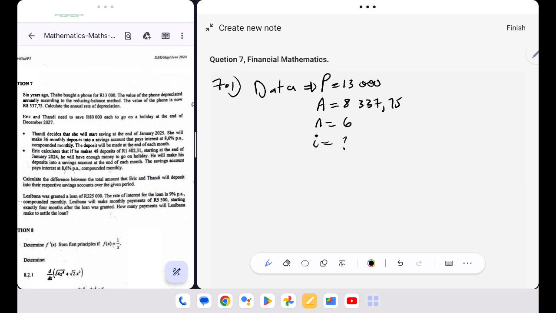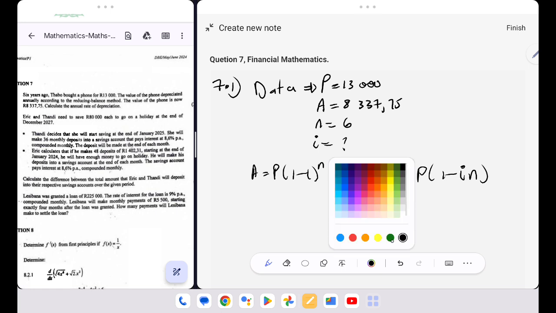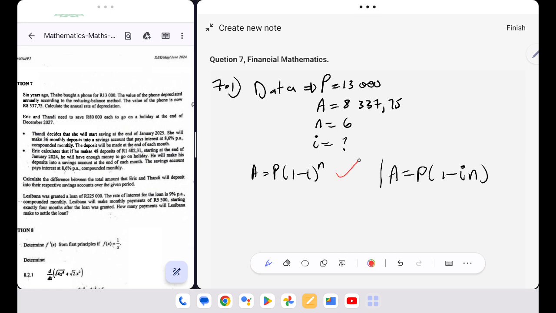Since this is depreciation, there are two formulas to choose from. Since they said that we are using reducing balance, we are going to go with this one.